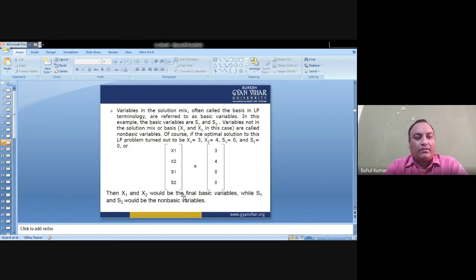Then x1 and x2 would be the final basic variables, while s1 and s2 would be the non-basic variables. So this question gives the two types of variables.